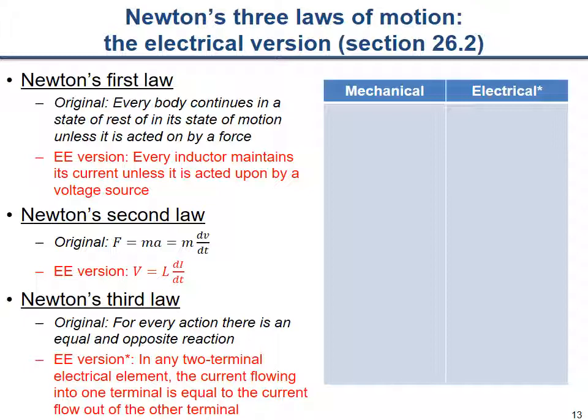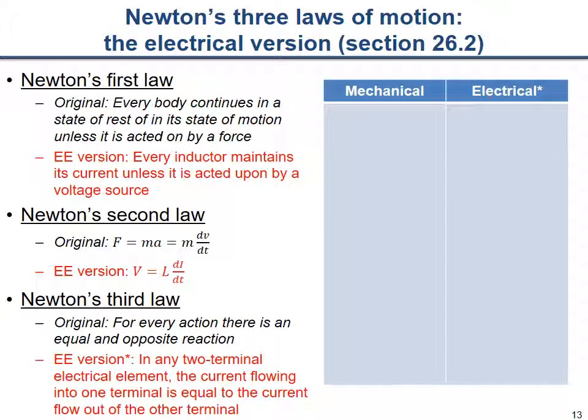Newton's first law says that every body continues in a state of rest or in its state of motion unless acted on by a force. We can create a direct analogy in the electrical domain by saying every inductor maintains its current unless it is acted upon by a voltage source. As we know, an inductor can't instantaneously change its current, effectively similar to Newton's first law.